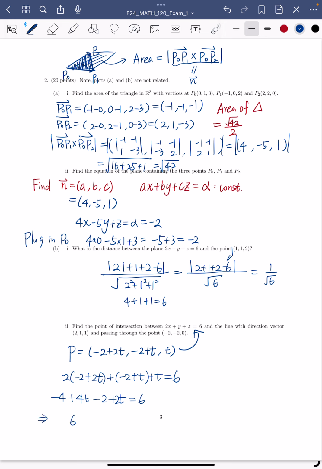And in total, you get 6t is 12, which implies t is 2. Okay, now you plug in this 2 back to the point P. So P is minus 2 plus 4, minus 2 plus 2, 2. The answer is 2, 0, 2. Okay.